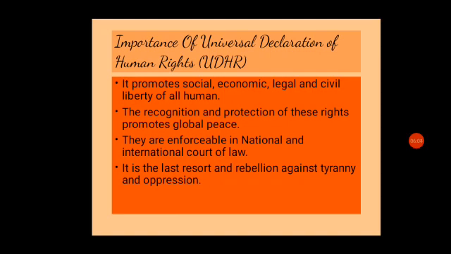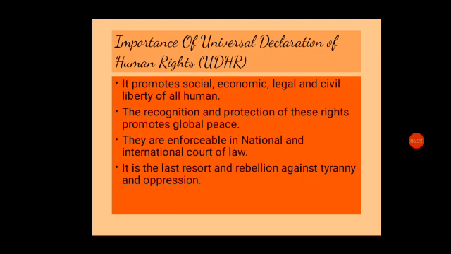Now, last but not the least, it is the last resort and prevention against tyranny and oppression. You see that during the Second World War, humans were being treated like animals. They were not being treated fairly. Human rights were being manipulated by individuals then because there were chaos and atrocities everywhere.